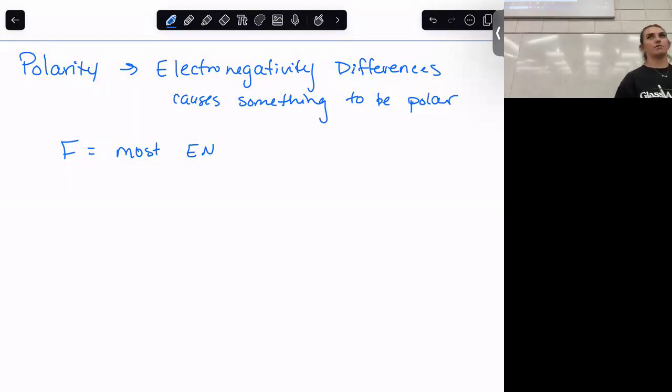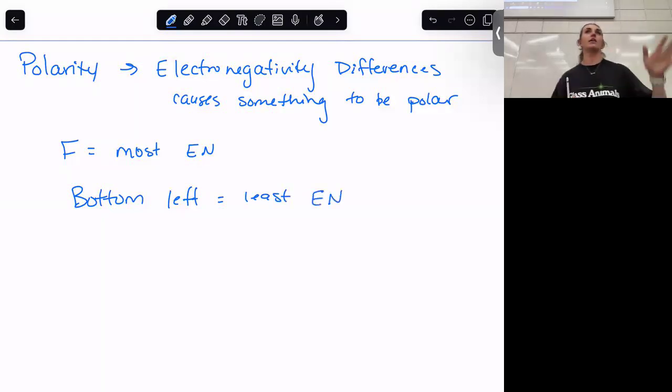Where's our least electronegative? Yep, the bottom left is least electronegative. When we think about that, as we go down the periodic table, our atomic radii increases.